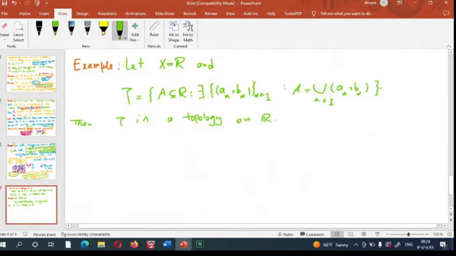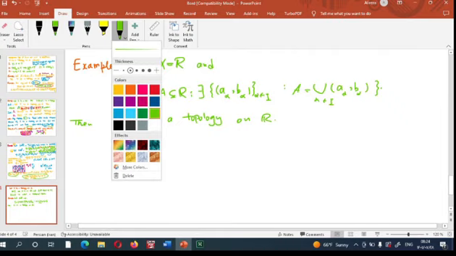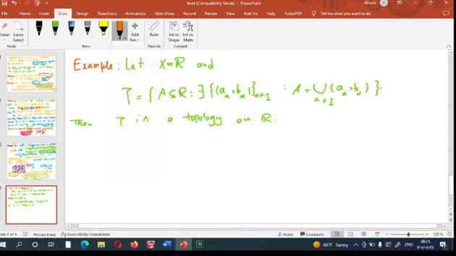This tau is a topology because, at first, we see that the empty set equal to this union such as this. Okay.